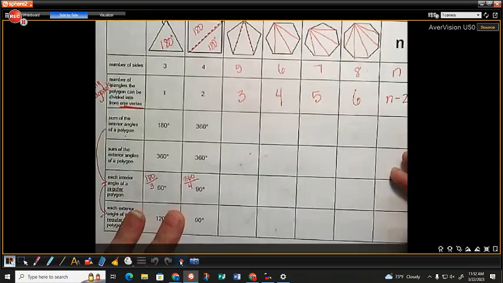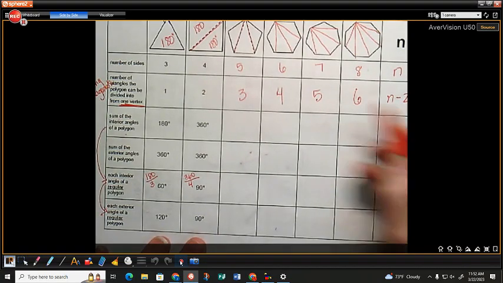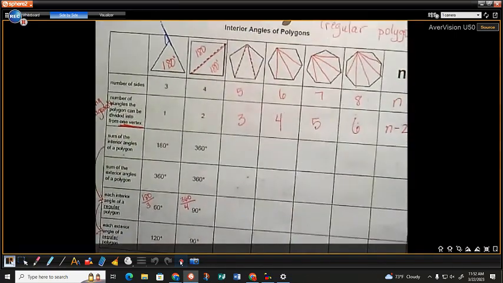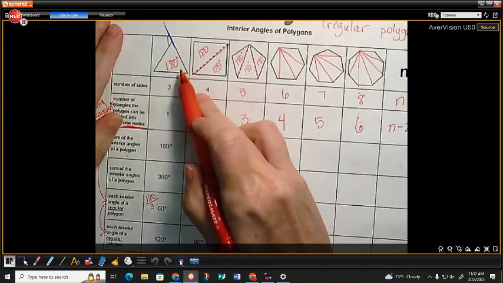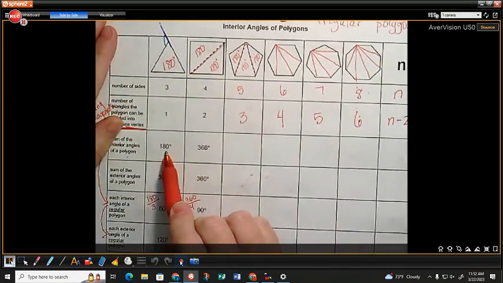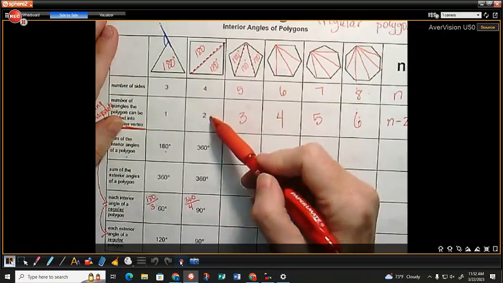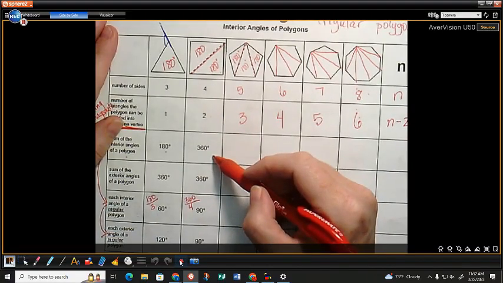Okay. Well, now that I've done that, each of these triangles is how many degrees? 180. Each triangle has 180 degrees. So in a single triangle, there's a sum total of 180 degrees inside it. In a quadrilateral with two triangles, you end up with 360 degrees inside.